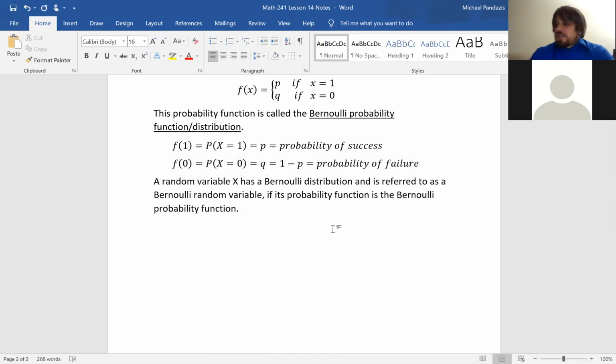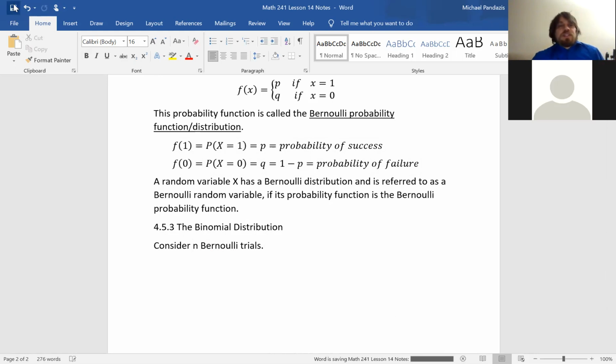Okay, let's keep going. 4.5.3, the binomial distribution. Consider n Bernoulli trials. Each trial, again, is called a Bernoulli trial. Each trial is an experiment whose only outcomes are success or failure.